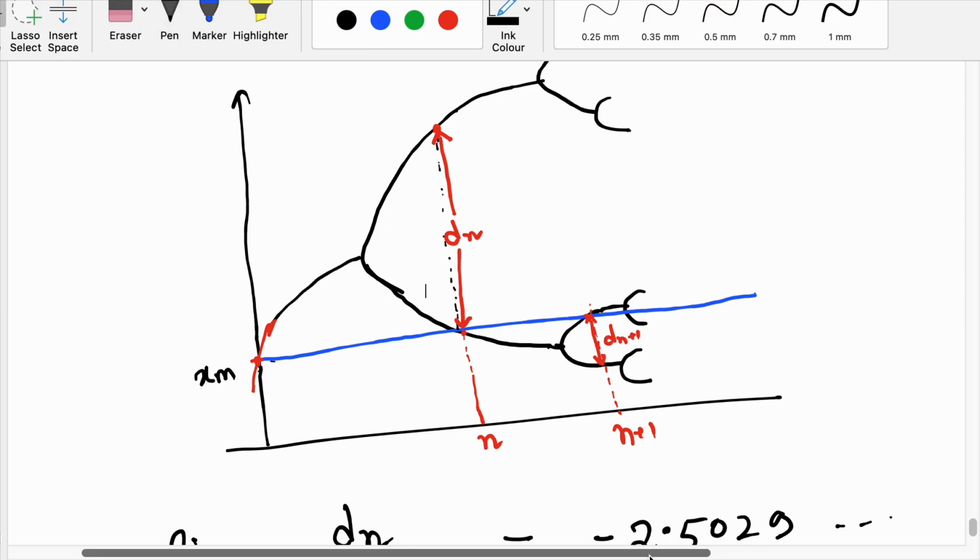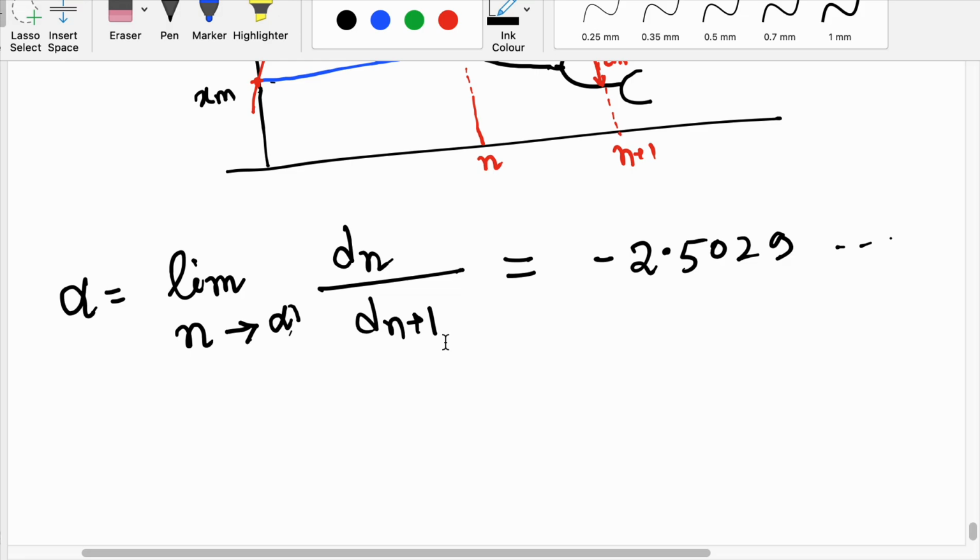It signifies that previously the other point of the orbit was slightly higher than x_m, and in the subsequent iteration the other point of the superstable orbit is just below x_m. So that's all. These are the two constants which are called universal to this period doubling route to bifurcation.